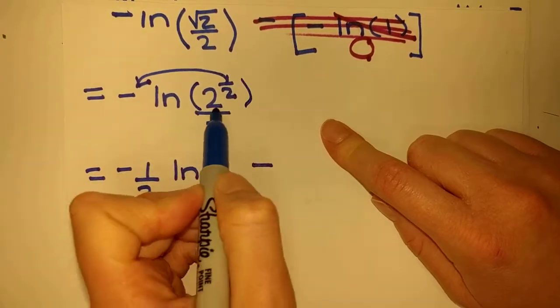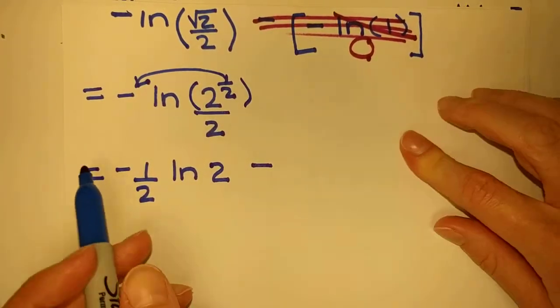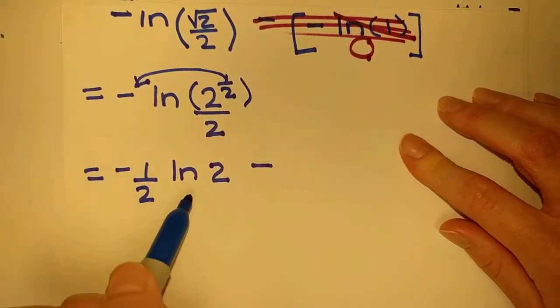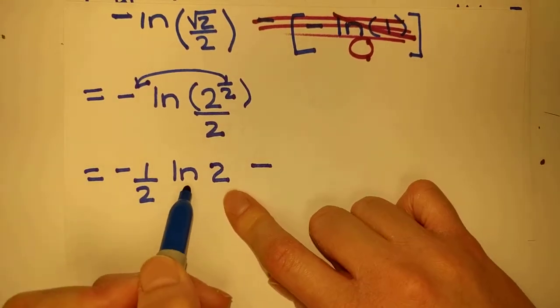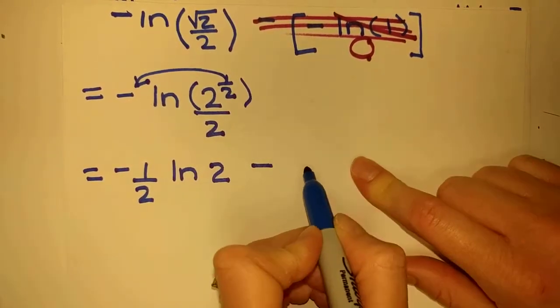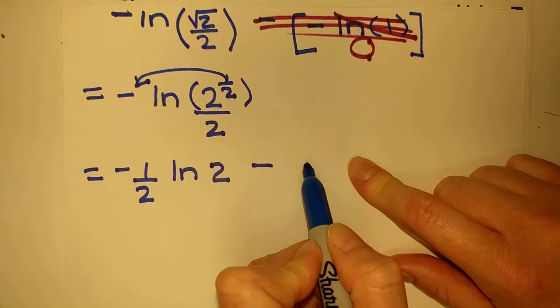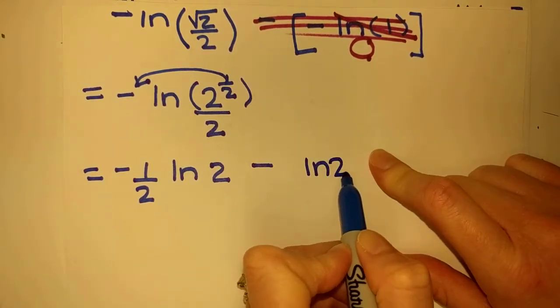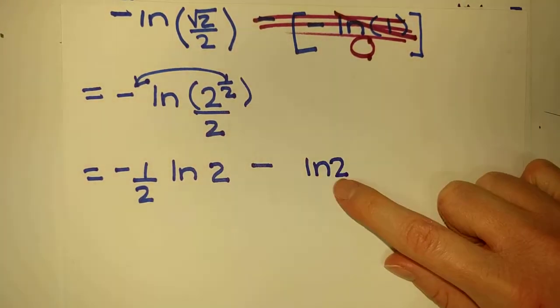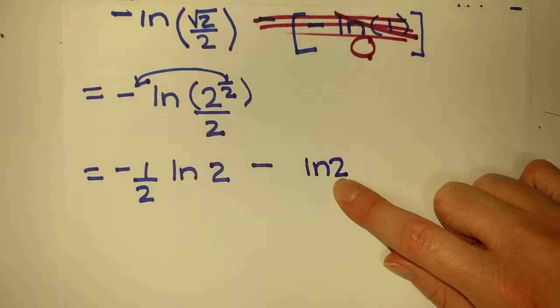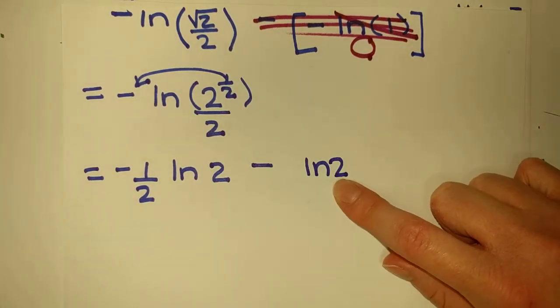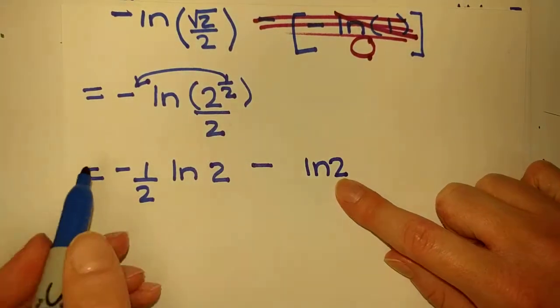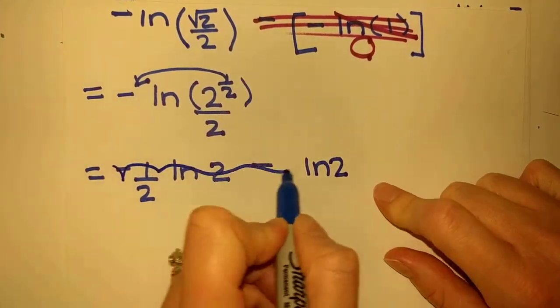So again, we want to think about the numerator minus the denominator. So it will be minus 1/2 natural log of 2 minus, and then we have our natural log of 2 as the denominator. So if we combine that, now we do need to be a little careful here, so let me be very clear. I don't want this to cause any confusion.